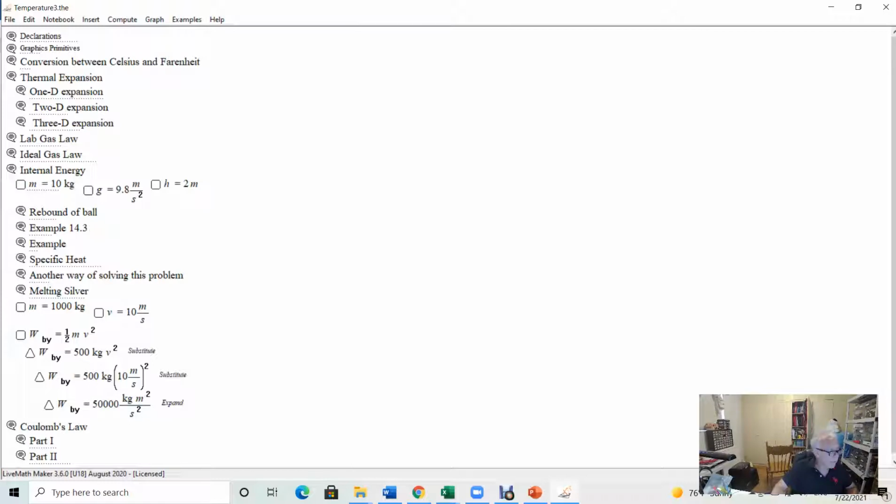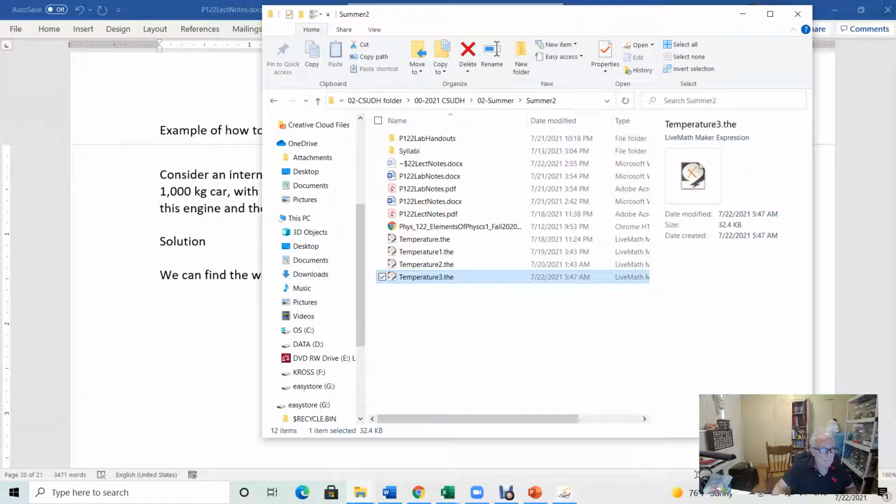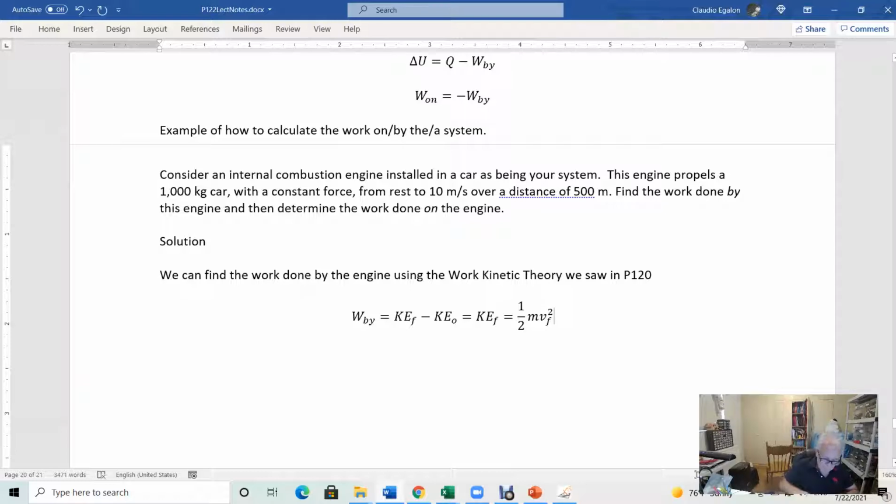We get 50,000 joules, or 50 kilojoules. What you have here is the unit of joules. 50,000 joules. So that's one example of how you can find the work done by a system.